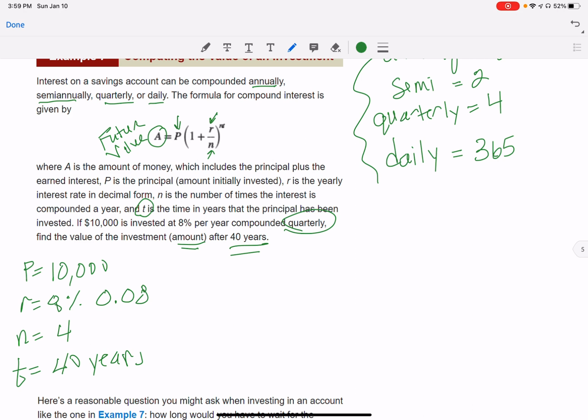So we're looking for our A. We have $10,000 as our P times 1 plus 0.08 over 4 times 4 times 40. I have no idea why my pen is not working properly. I apologize. Wasting time having to go back and rewrite it.